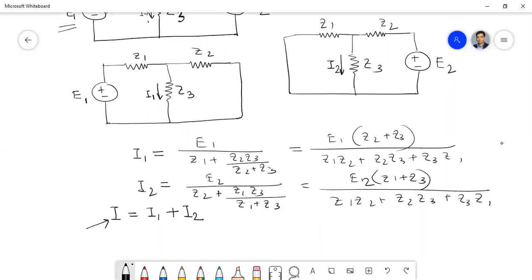Correct? Got it? Any doubt? No, sir. Okay.